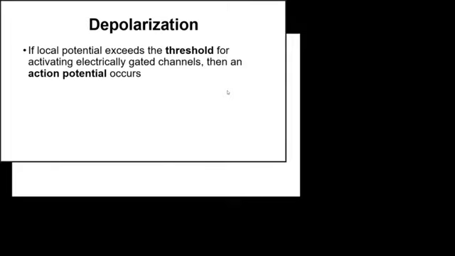So if that local potential exceeds that arbitrary threshold for activating our electrically gated channels that are holding that charge across the membrane, then it can trigger a chain reaction that can affect the entirety of the cell. If we exceed that threshold, we will trigger an action potential that will travel from the dendrites or wherever it's being triggered all the way over to our axon terminals to the next cell.